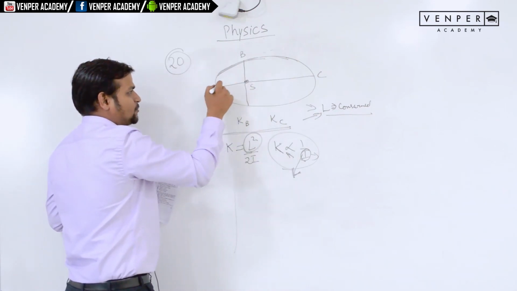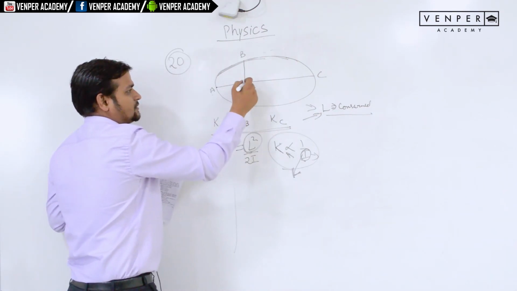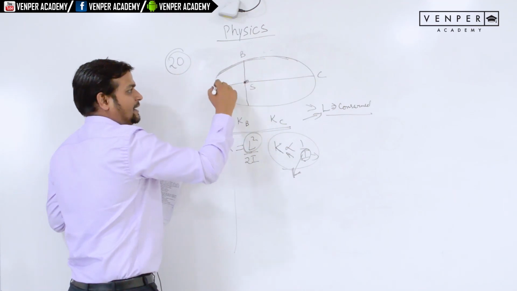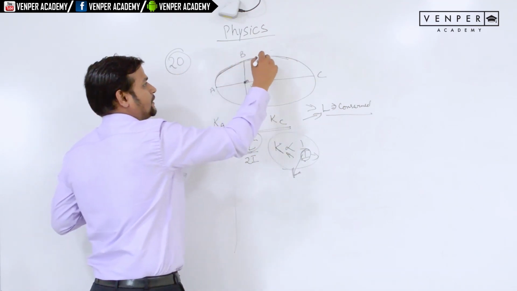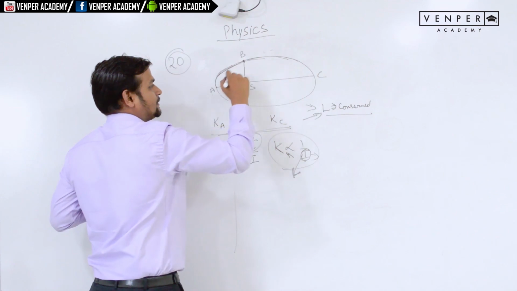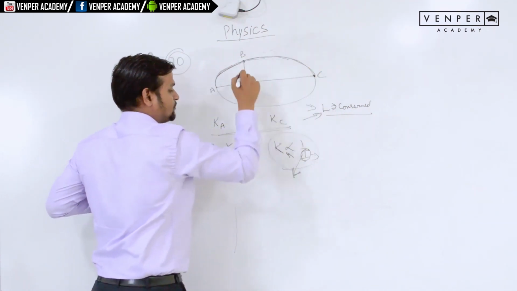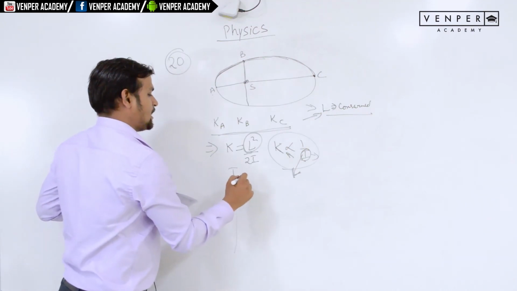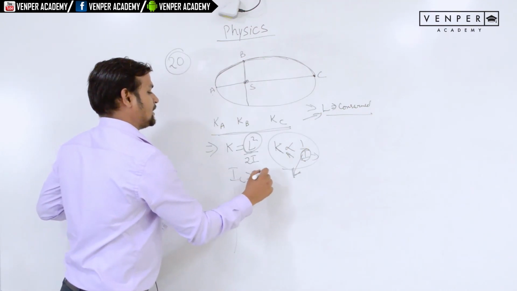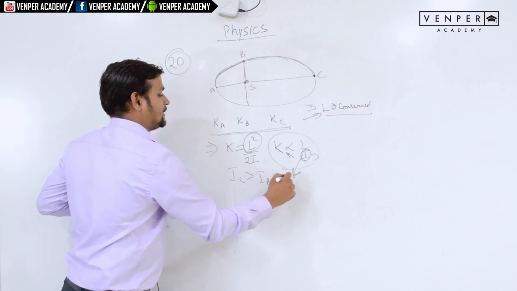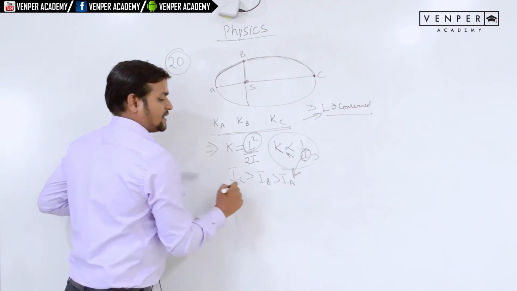So you can say that this point A is nearest to the sun, clear? And as it goes on, after that comes position B, and C is farthest from the sun. So you can say IC is greater than IB greater than IA, clear?